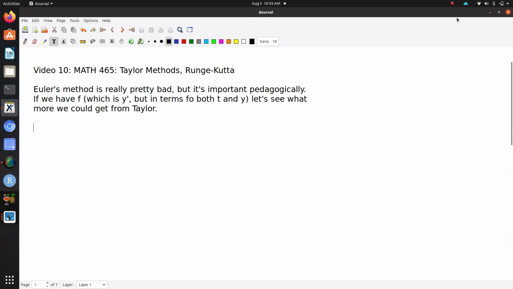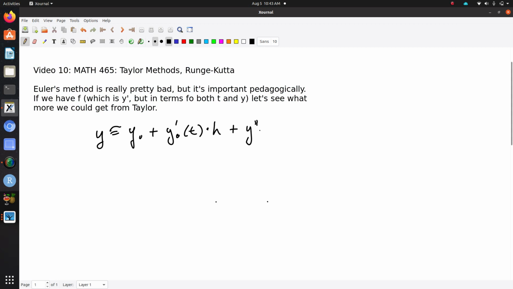Okay, so we have y is approximately equal to y naught plus the derivative at that same starting point. So I'm thinking in terms of Maclaurin, but you could do it at any center you like. And I don't really want to put t in parentheses, I just meant times h.